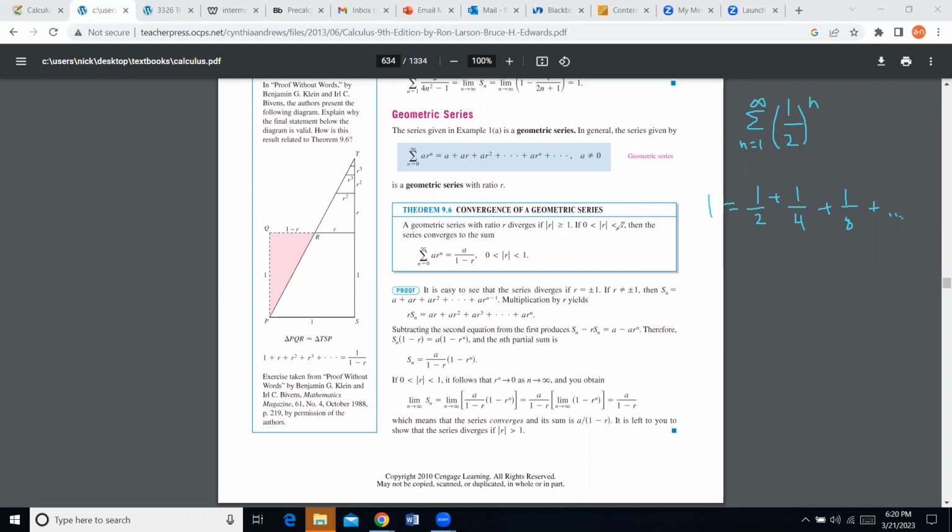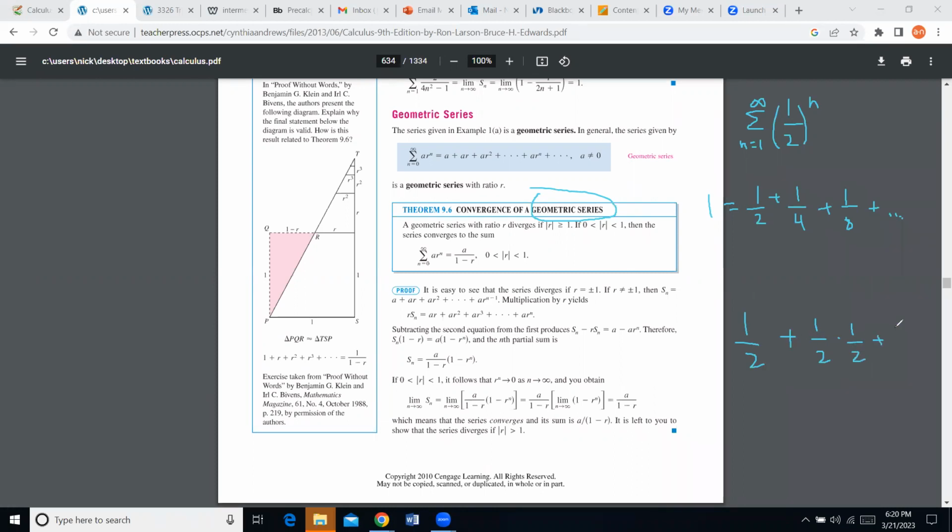And it turns out that this is also called a geometric series. So you can think of a geometric series as if you take the first term 1/2 and multiply it with a so-called ratio.